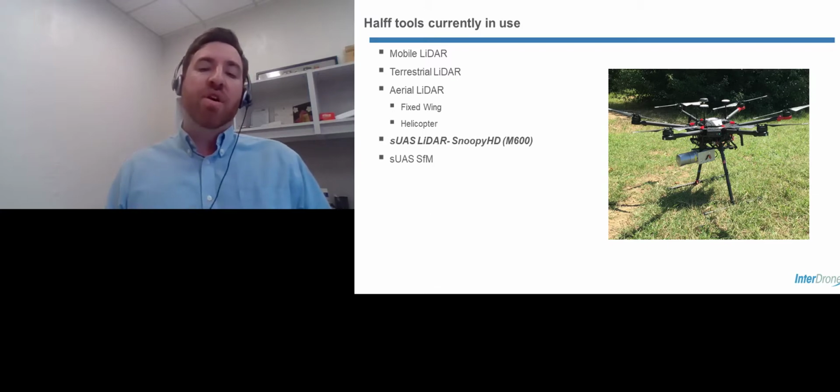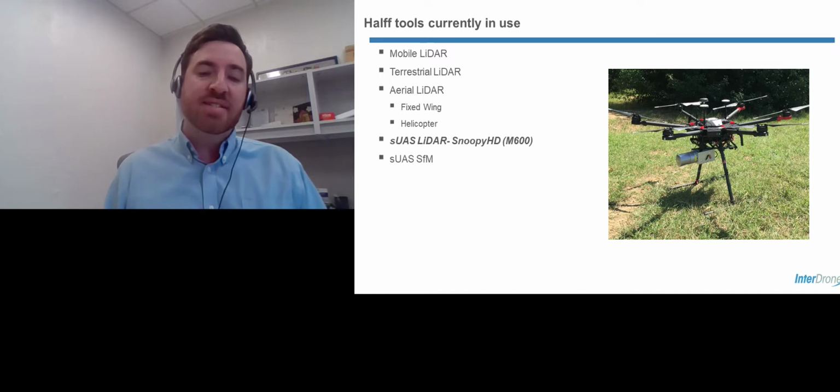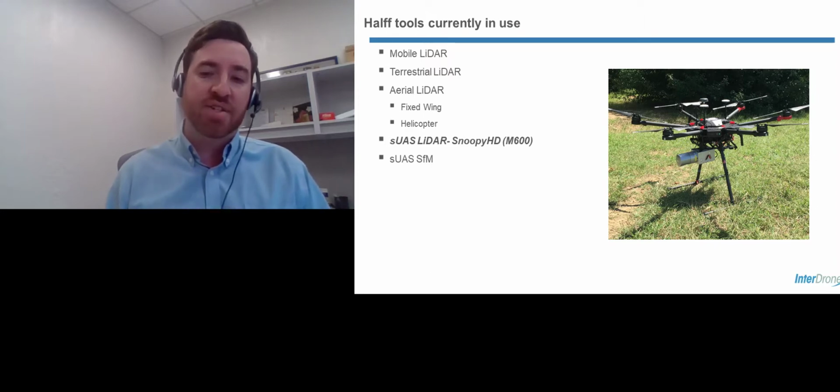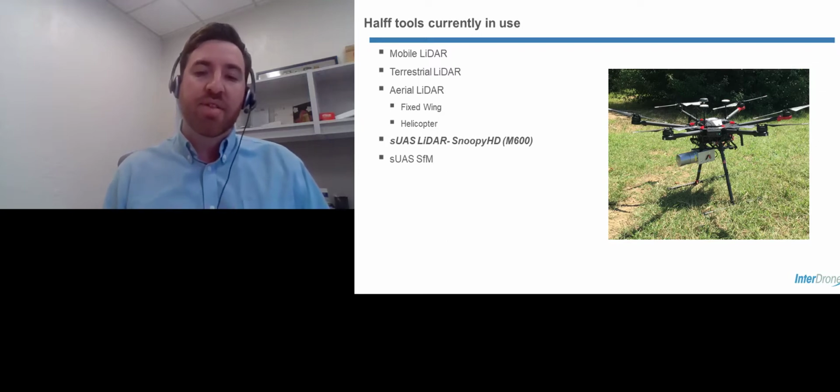Our drone LiDAR, one thing we love about it is it's a hybrid in itself. And I'll talk about that here in a second. This is our drone system, our LiDAR system. You see that Coke can there, that is the actual LiDAR sensor that spins.